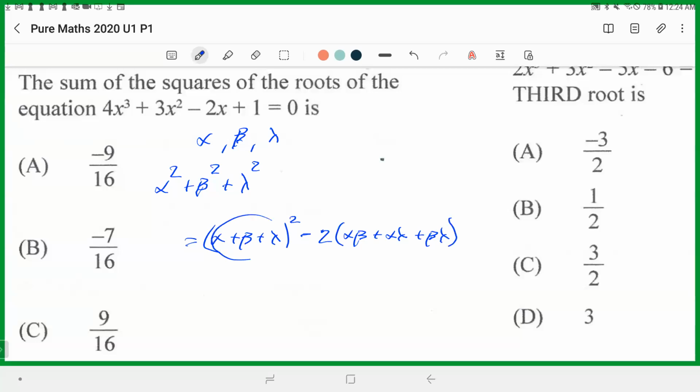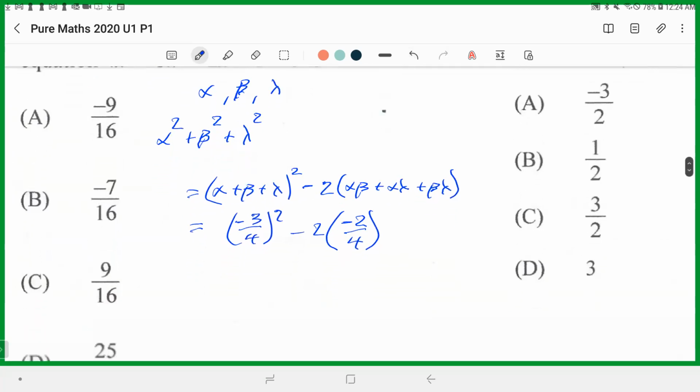So the question is what is the sum of the roots? Sum of the roots is minus b over a. I'm going to put minus 3 over 4 squared minus 2 times, what's the pairwise product? Pairwise product is c over a. The a is 4, so that becomes minus 2 over 4.